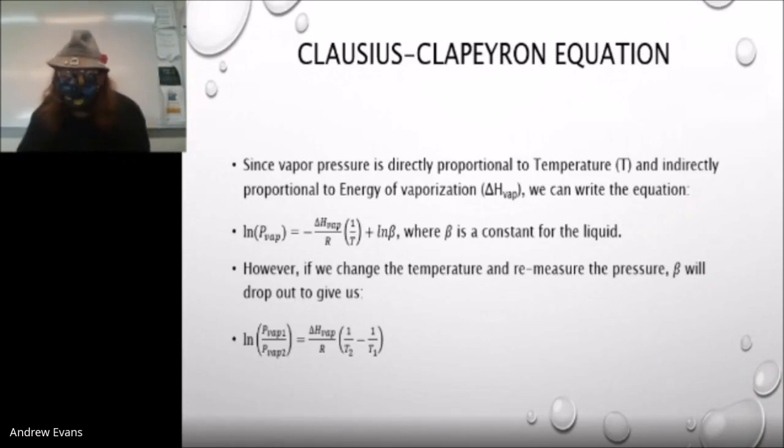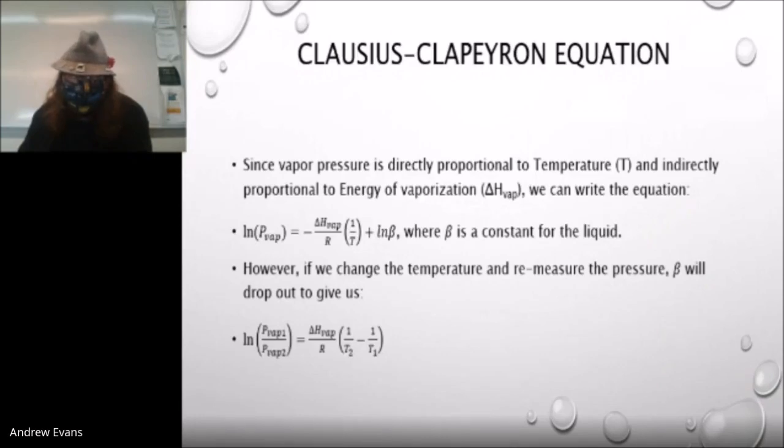Vapor pressure is directly proportional to temperature, because temperature is directly proportional to kinetic energy, and it's also inversely proportional to enthalpy of vaporization. So how much energy does it take to boil it?